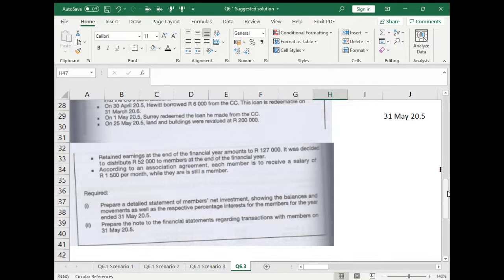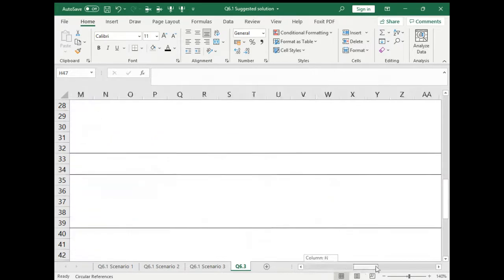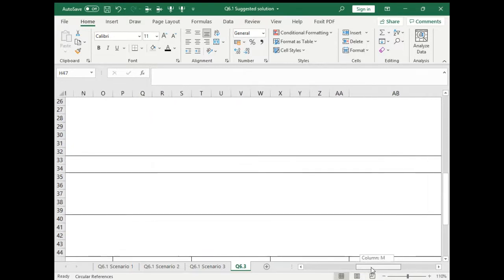For disclosure purposes, you would only have to do the total, but what we're going to do, because there was a resignation, there was a new member, there was internal transfers, the percentages have changed for every member on those specific dates. So at the top of this question, let me just make it a little smaller so you guys can see.